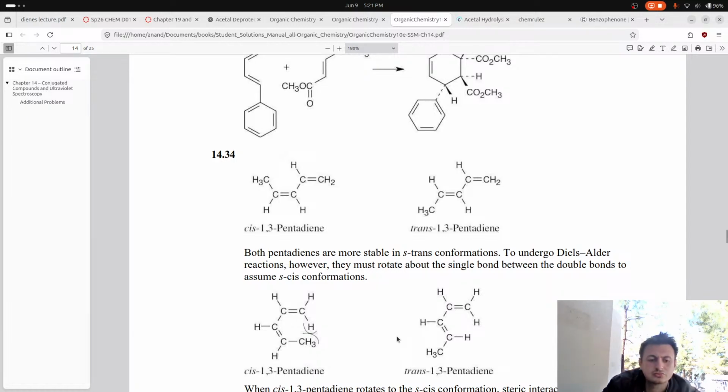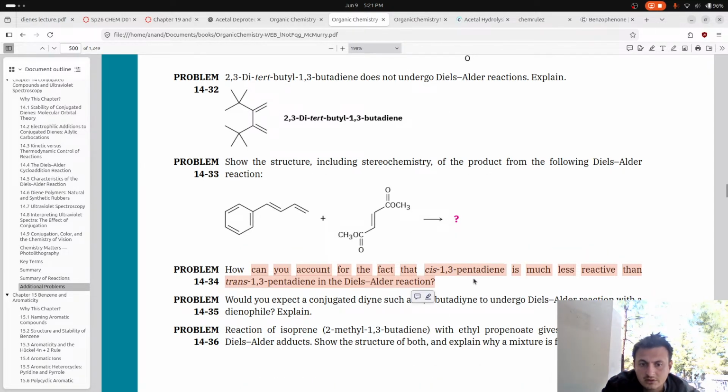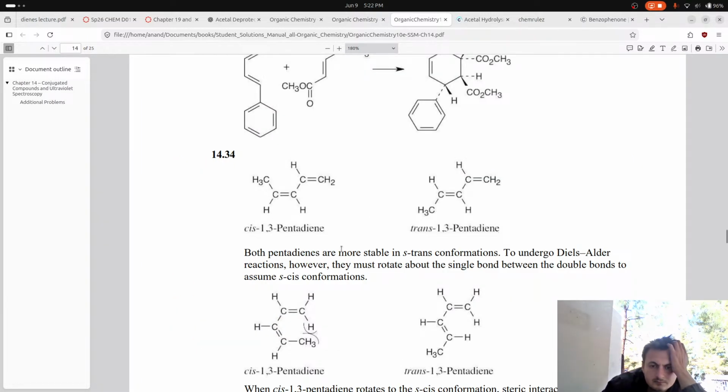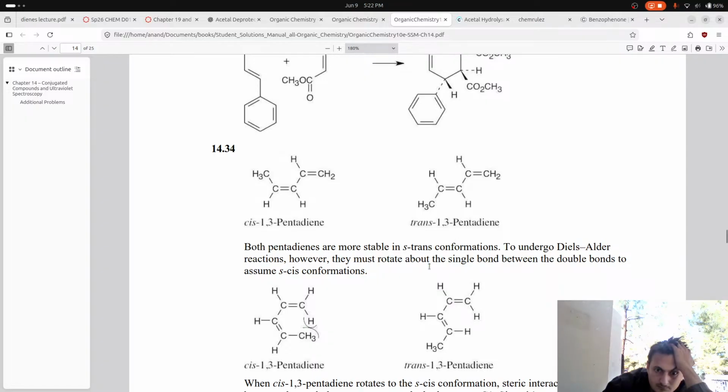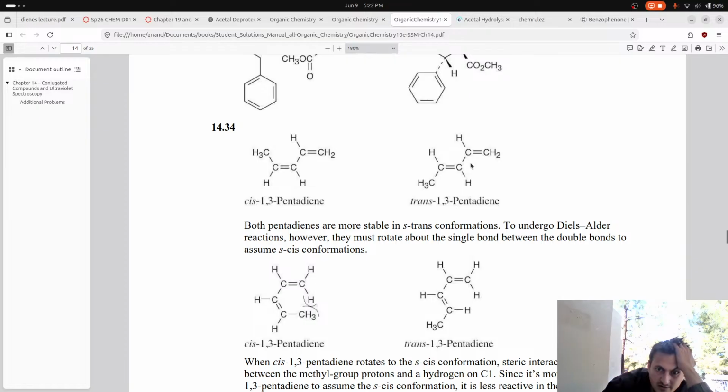What are they saying? They're saying that the trans diene is more reactive, even though you need... So this thing needs to spin, and this thing needs to spin.